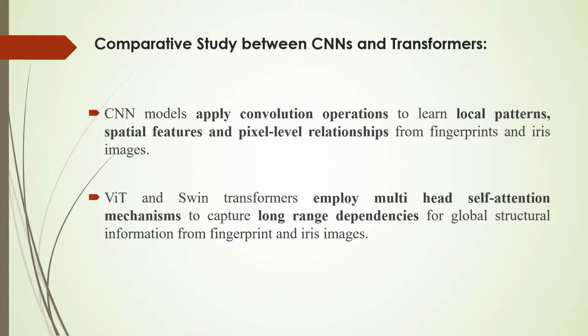If we compare CNN models versus transformers, we can conclude that CNN models apply convolutional operations to learn local patterns, spatial features and pixel-to-pixel relationships from fingerprint as well as iris images, whereas ViT and Swin transformers employ multi-head self-attention mechanisms to capture long-range dependencies for global structure information.